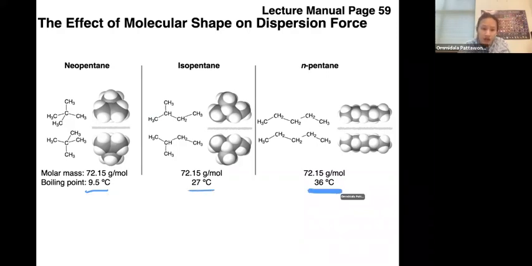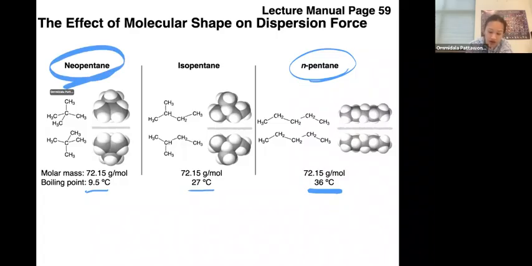As I mentioned earlier, a higher boiling point indicates that the forces between the molecules are stronger, and it requires higher energy to change the state from liquid to gas. So in this case, we can see that pentane has the strongest IMF, the strongest dispersion compared to neopentane.